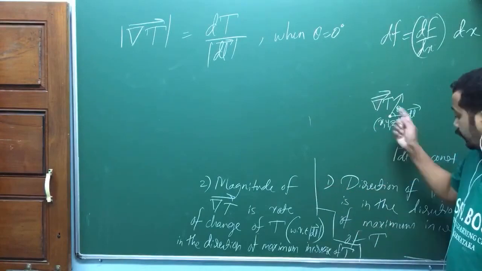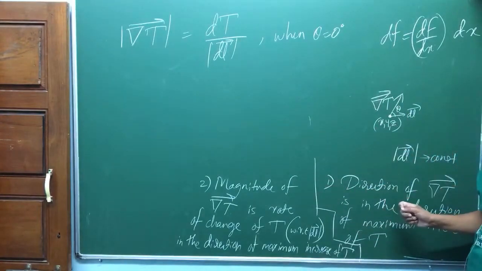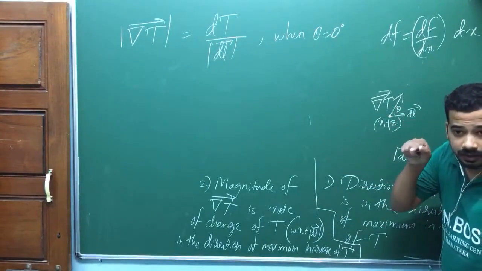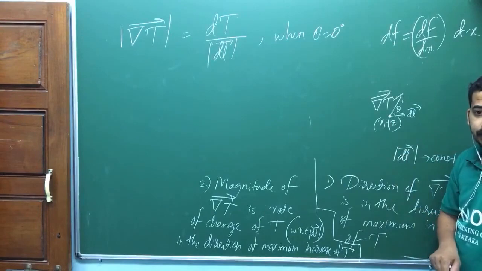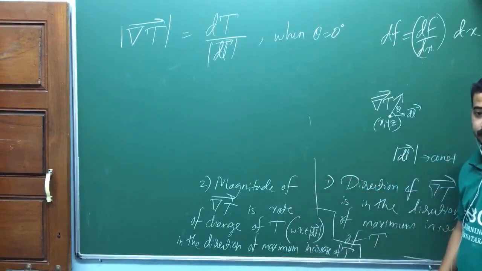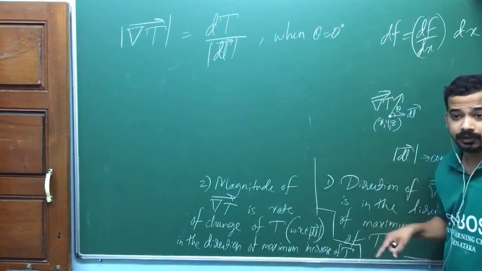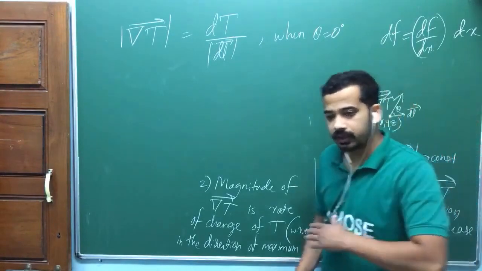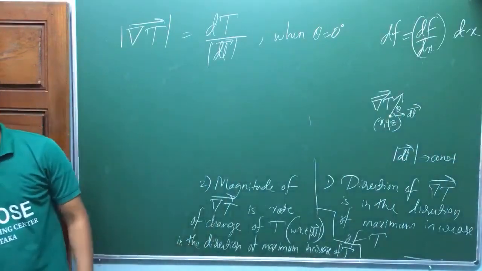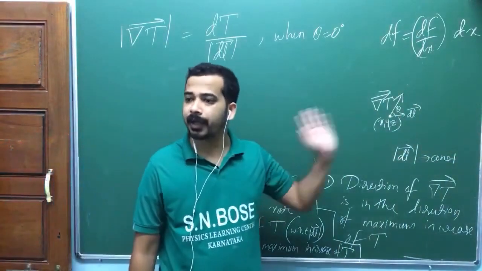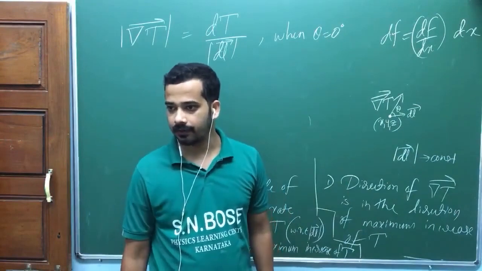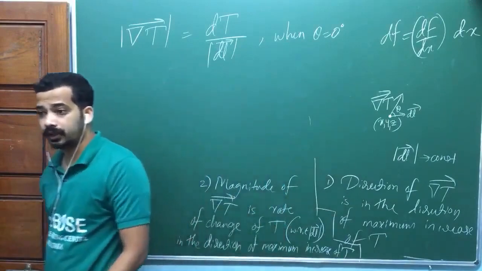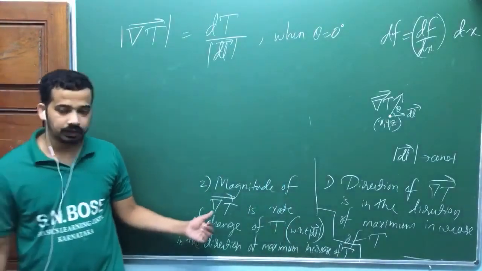That direction is the direction of gradient actually. And the rate of change of temperature in that direction is nothing but the magnitude of the gradient. Its rate of change is maximum in that particular direction. That direction is the direction of gradient, and the rate of change in that direction is the magnitude of the gradient.